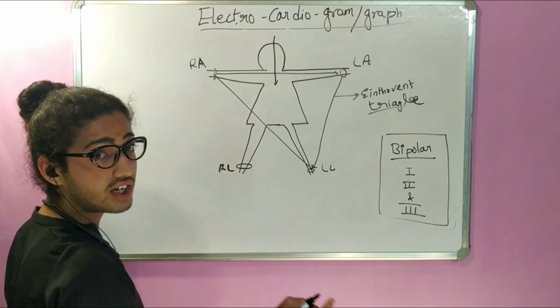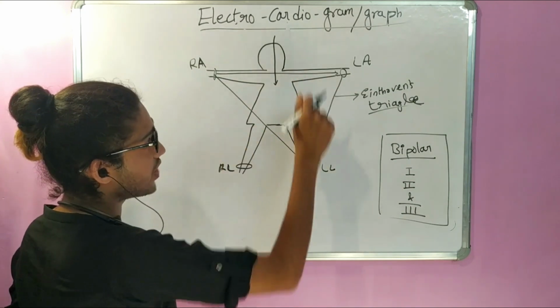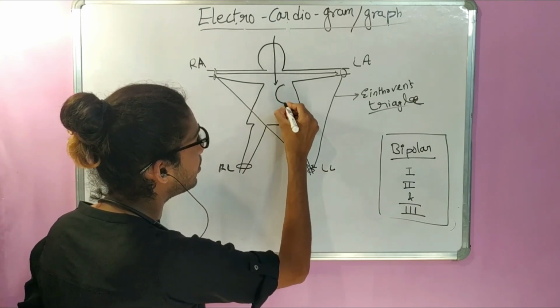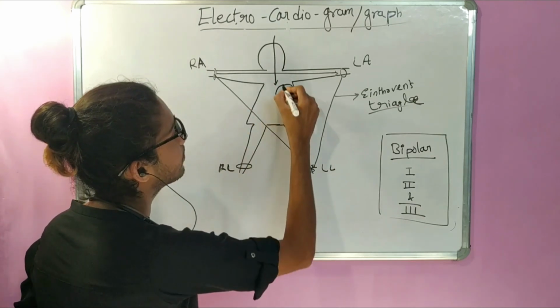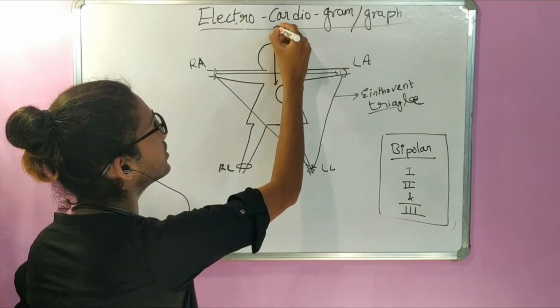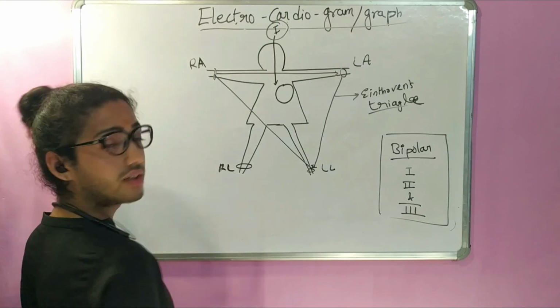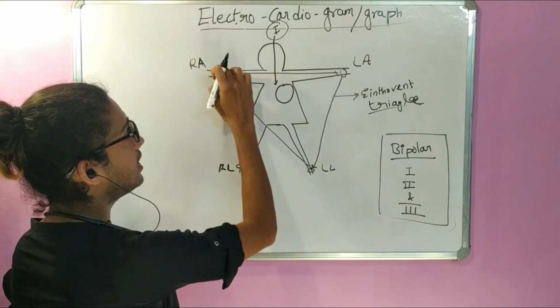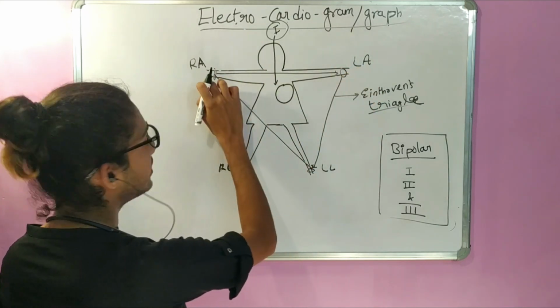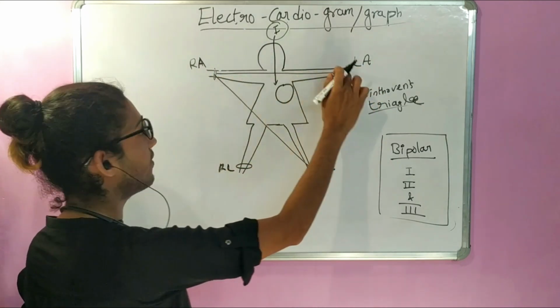Now also one more fact, that in this triangle we are assuming that the heart is placed somewhere in between here. This is the first lead that we are getting, formed by the splicing of the information by this electrode and this electrode, which is your right arm and left arm.